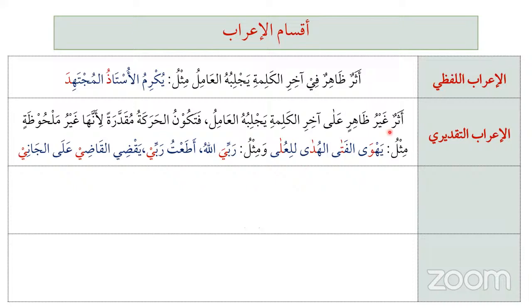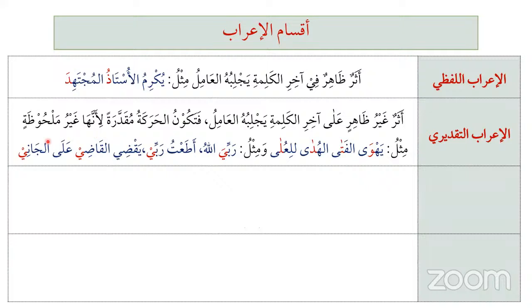It is an effect which is not visible, غير ظاهر, on the last letter of the word, which is brought about by the governing agent. فتكون الحركة. So what happens? Where's the حركة? If it's not evident, where is it? فتكون الحركة مقدرة. The حركة is assumed.